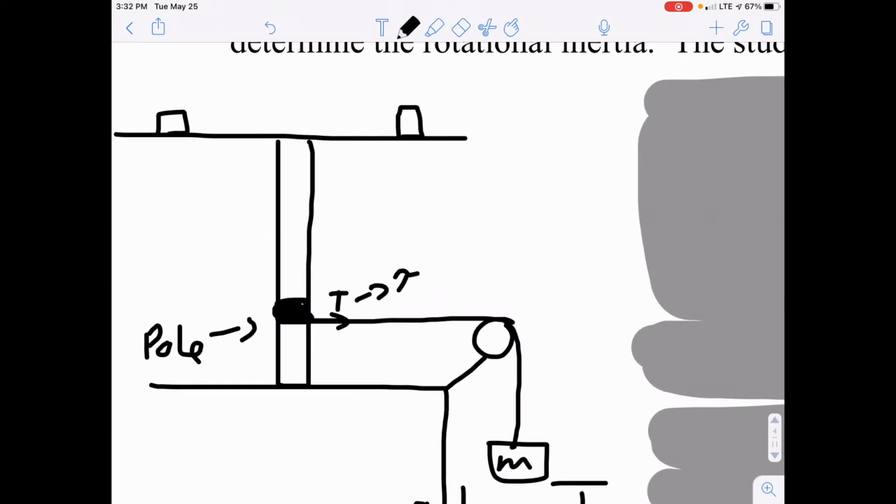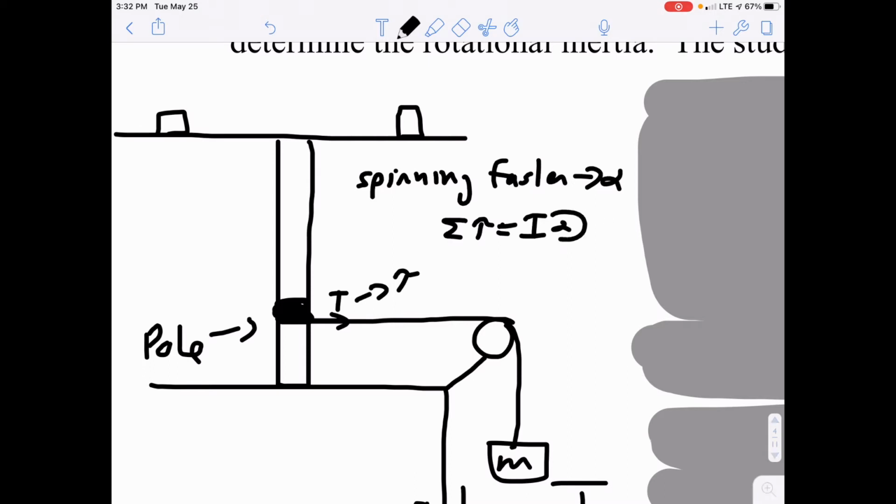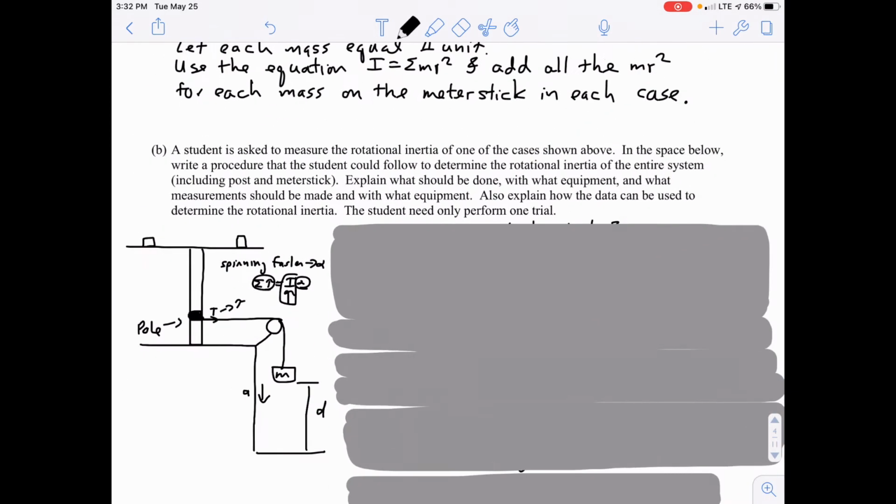You're spinning faster, which means you have angular acceleration. And then lastly, net torque equals I alpha, which means if we have a way to calculate the torque and the angular acceleration, we can figure out the rotational inertia. Let's see how this can be done.